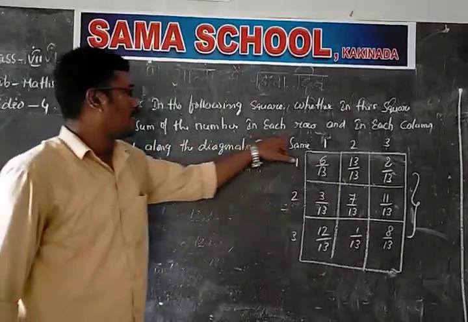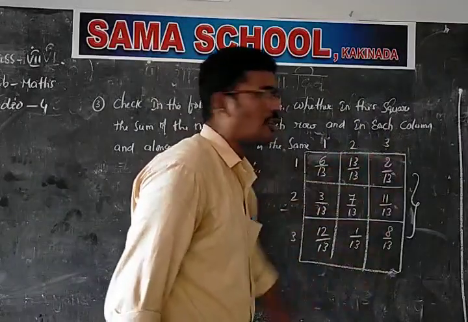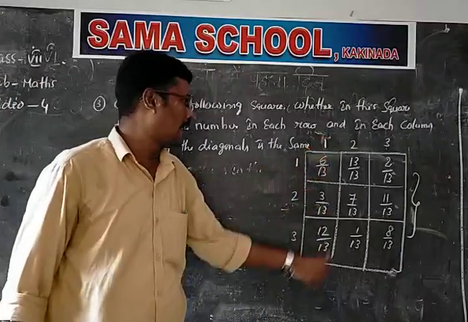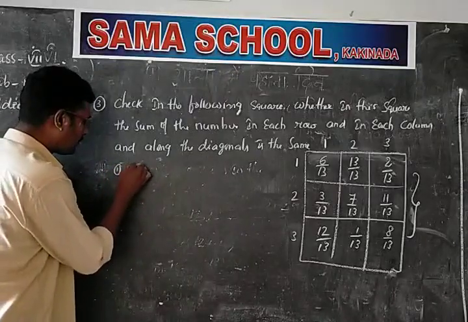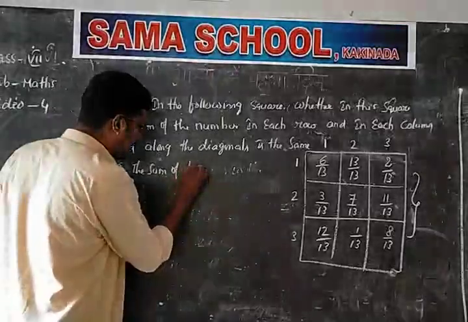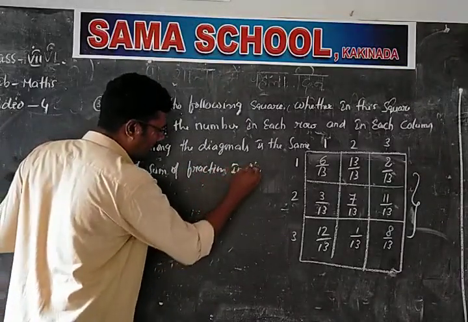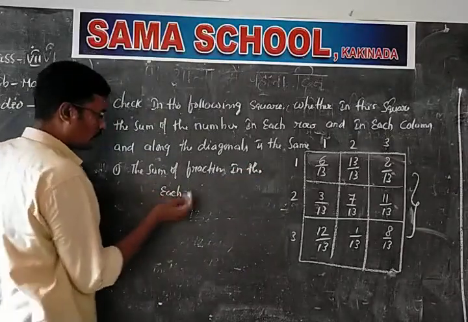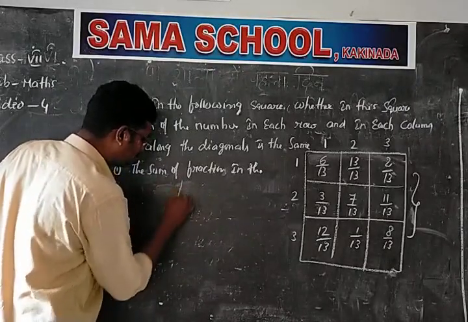Next, we ask the question: the sum of the numbers in each column. Each column means first column, second column, third column. A column is another name for vertical. First, the sum of fractions in the first column.